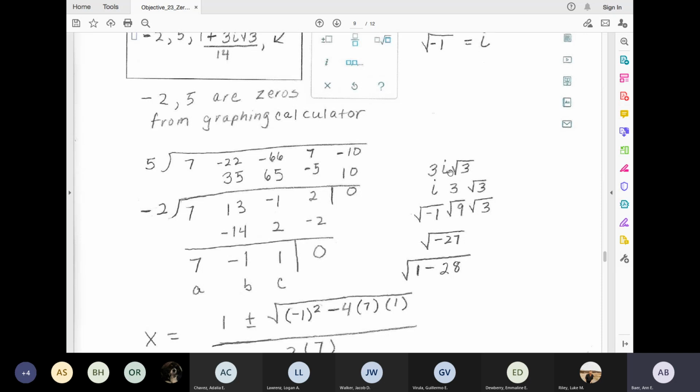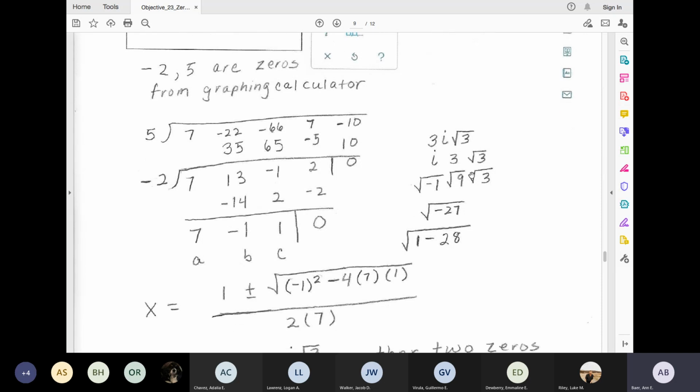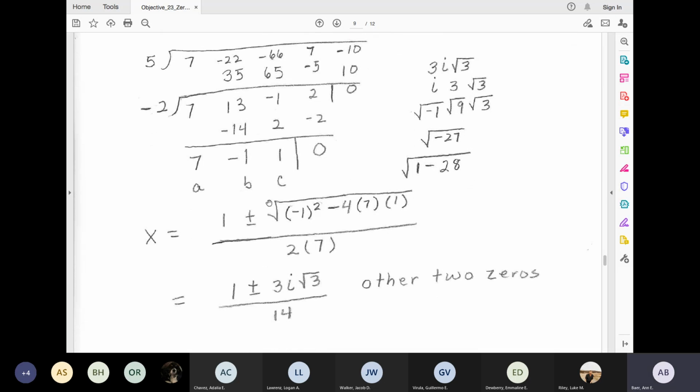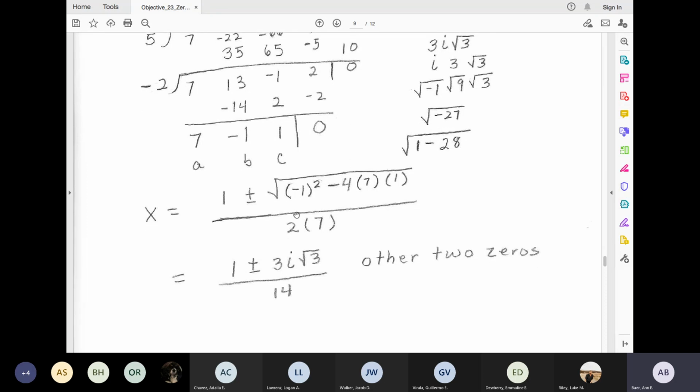So let's do that. 3, so we get 3i square root of 3. So we have 1 plus or minus. This we take out and replace it by 3i square root of 3. And I copy down the 1 plus or minus. And in the denominator, we have 2 times 7, which is 14.